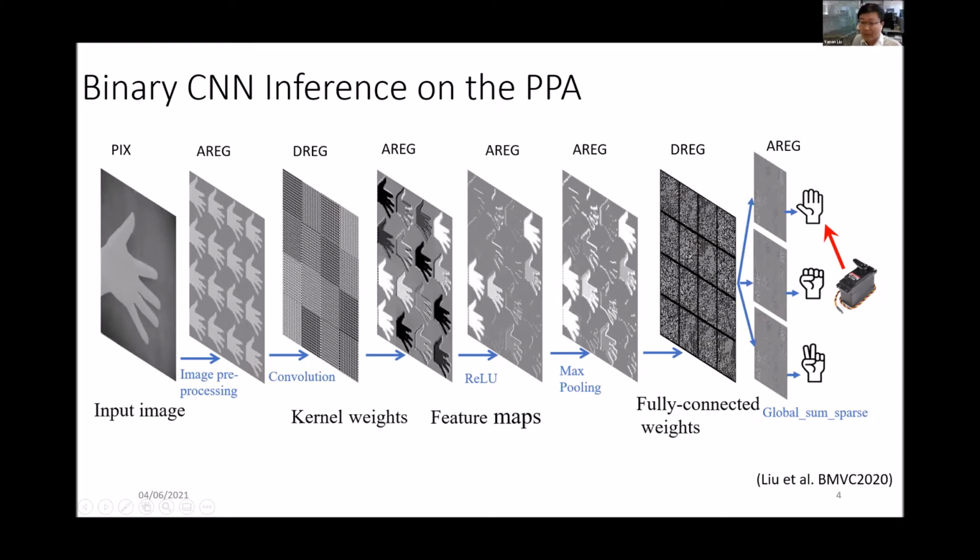Each image here is either in an analog register or digital register, and all the binary weights for the convolution and fully connected layer are stored in digital register. With this architecture, the whole CNN can be performed using very simple and efficient operations, including addition, subtraction, bit operation, and shifting, enabling high-speed CNN inference.